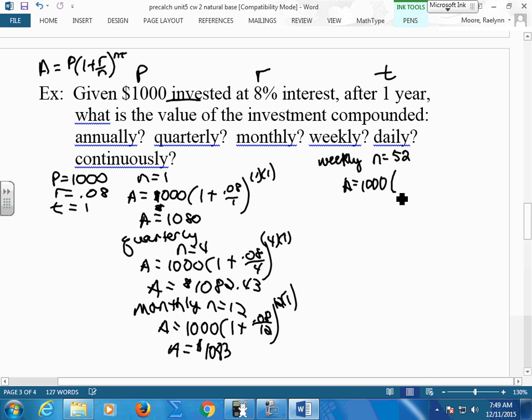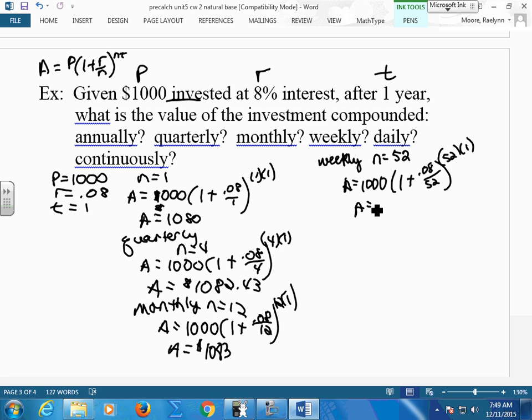Again, just pull it down and change that last 12 to a 52. You see small growth here.